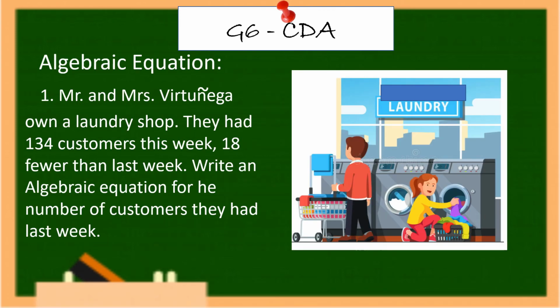Algebraic equation. Number 1. Mr. and Mrs. Bertinuega own a laundry shop. They had 134 customers this week, 18 fewer than last week. Write an algebraic equation for the number of customers they had last week.